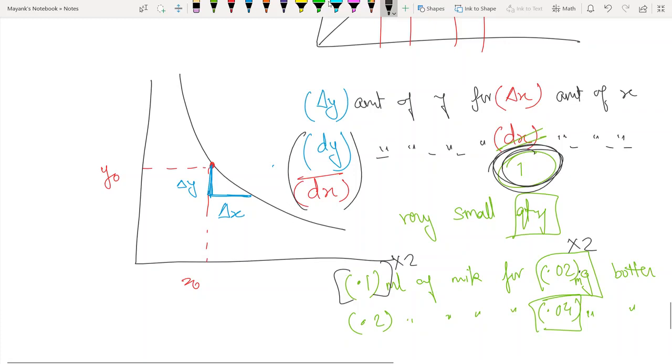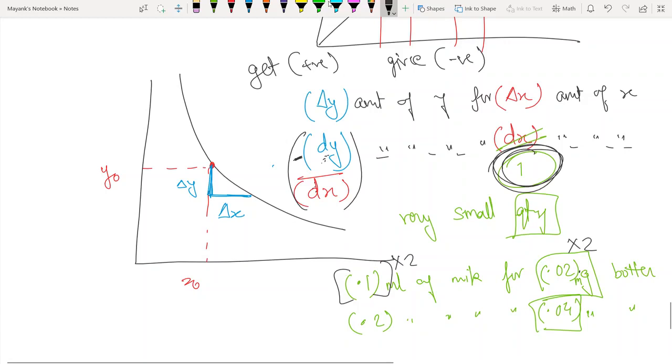Now technically this is an exchange, so you are going to give something and get something. So whatever you get is positive and whatever you give is negative. So generally we put a minus sign here by default, because one of these quantities dy and dx is going to be negative.